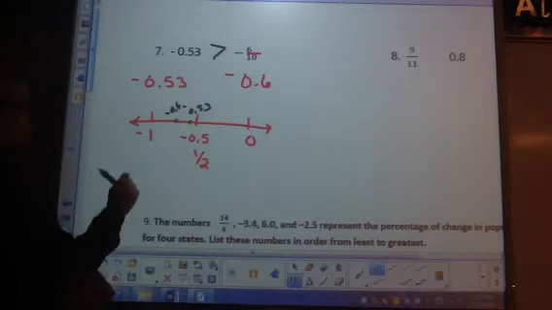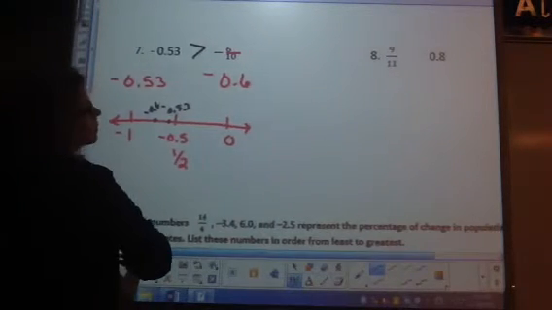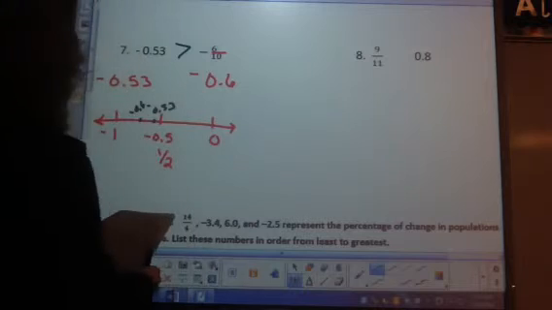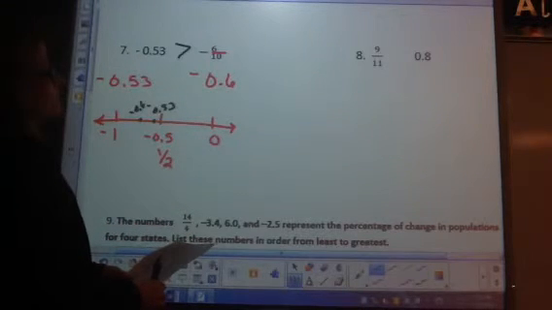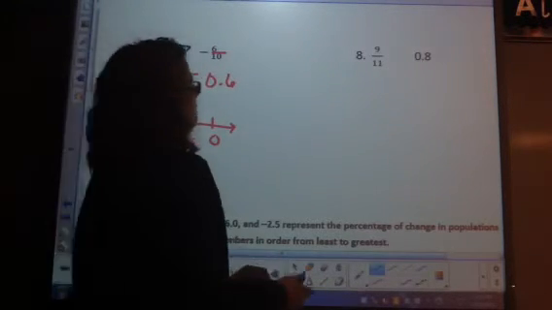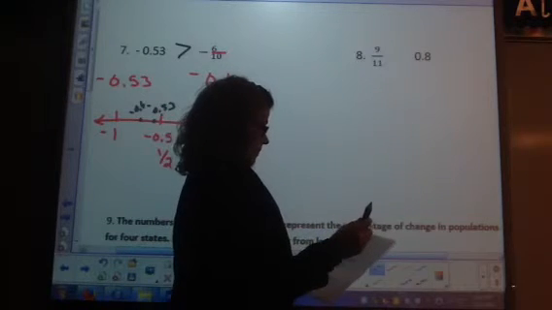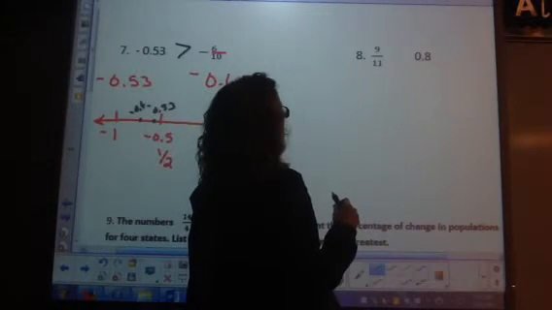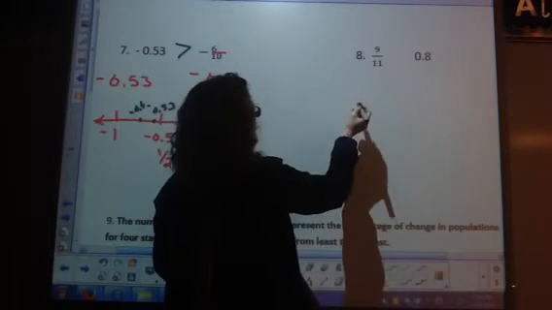Okay, let's see if y'all can do 8 on your own. You want to change that fraction to a decimal, or you can change 8/10 to a fraction, either way. I'm going to change it to a decimal.